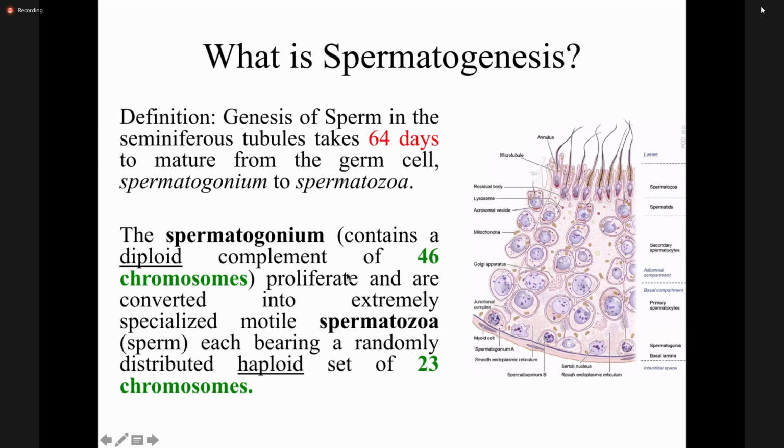Now, spermatogenesis takes place inside the seminiferous tubules, in which we have spermatogonia that provide a continuous germ line for the differentiation and packaging of the spermatozoa that will later be part of the semen.